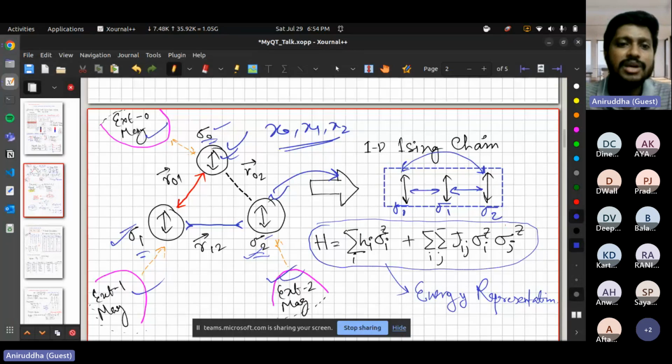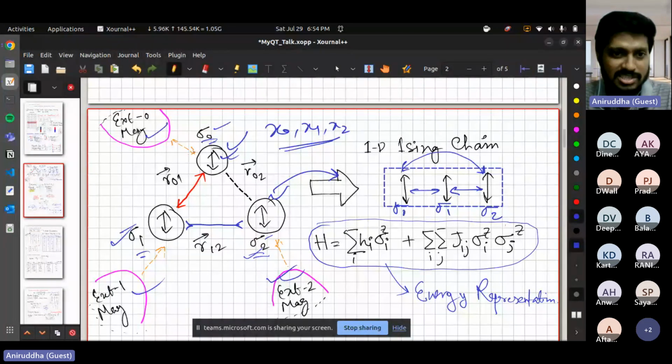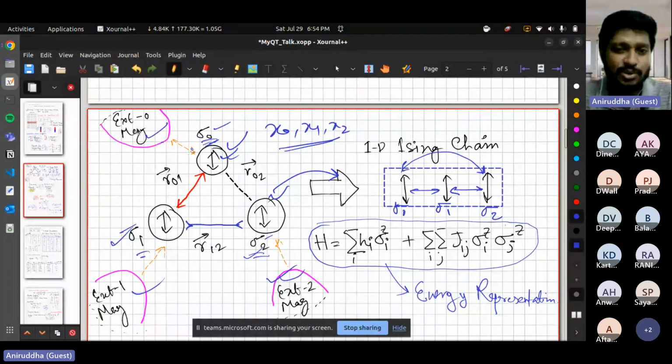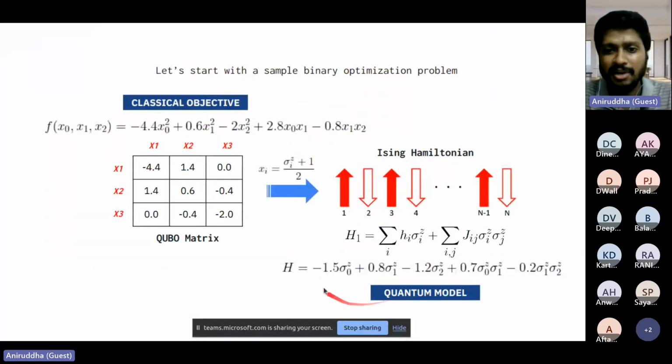You can put each external magnet at a certain distance, because these external magnets will be interacting with the spins from a certain distance, and will definitely produce some energy. Based on the distance where you put the external magnet, you can attain a definite value. By tuning the distance, you can also attain the values that you have, minus 1.5, 0.8 and minus 0.2, the same way that you did for the two spins.